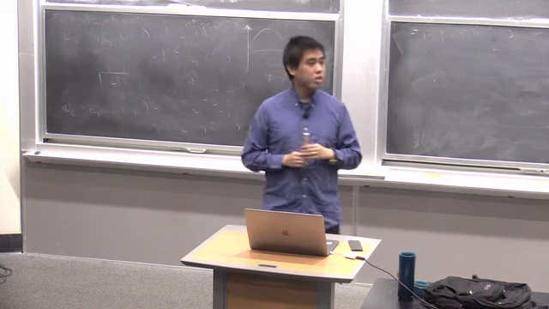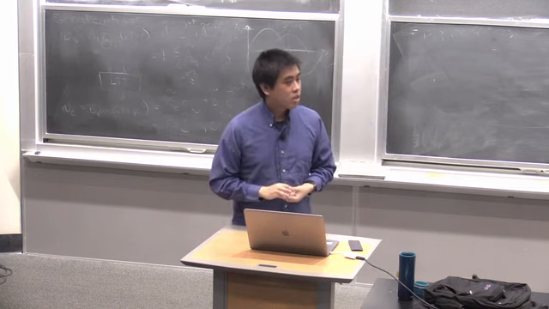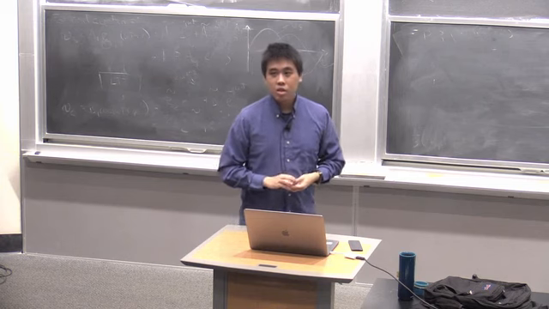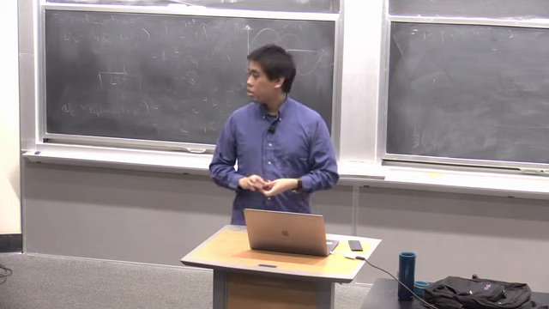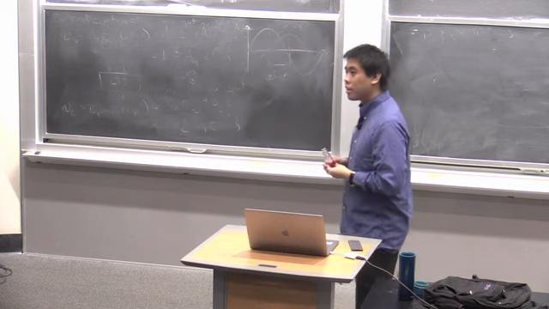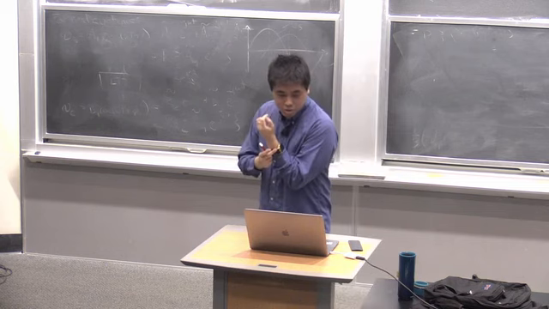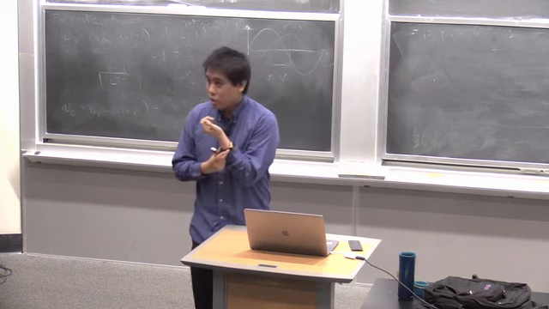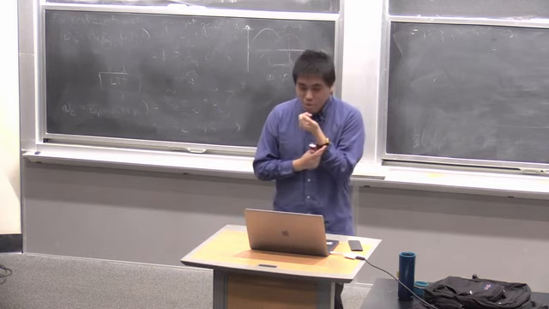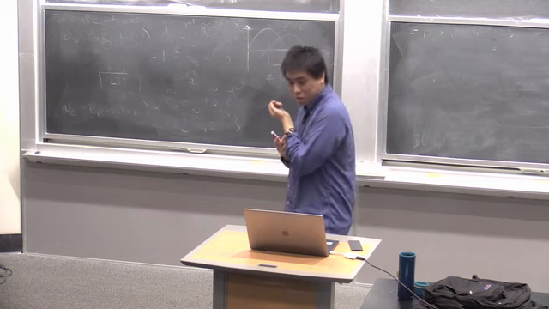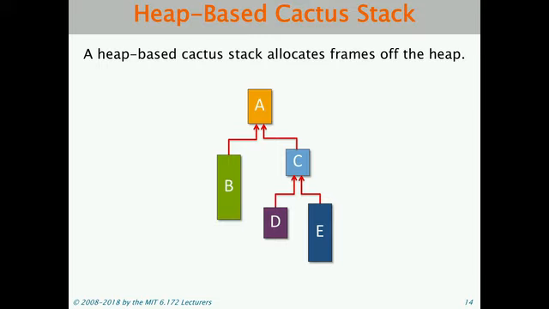Any other guesses? Yeah. Something to do with returning from the stack that's allocated on the heap back to one of the original stacks? So let's say we could get that to work as well. So what happens if I try to run some program using this heap-based cactus stack with something that's using the regular stack?